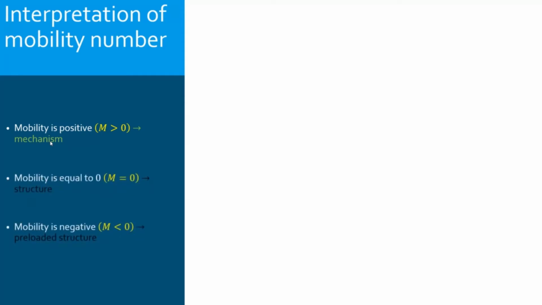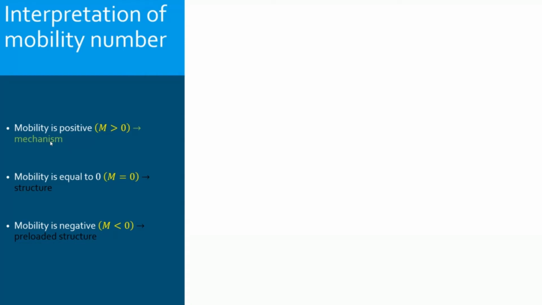Now, if the mobility is 0, it means that the ground and the kinematic pairs have together consumed all the degrees of freedom available in the links.